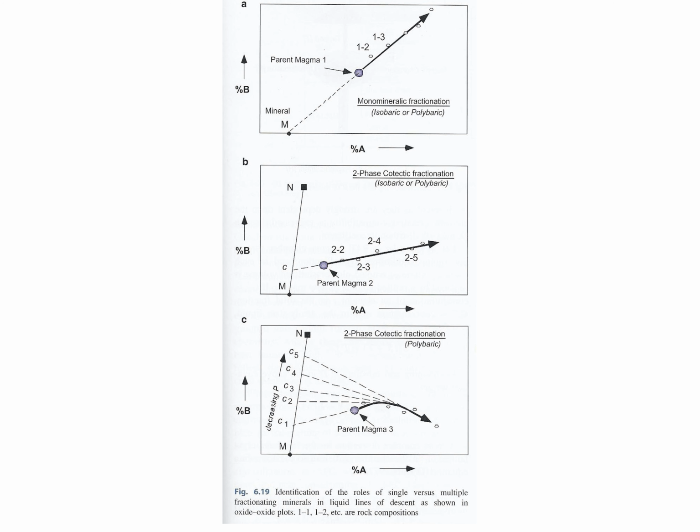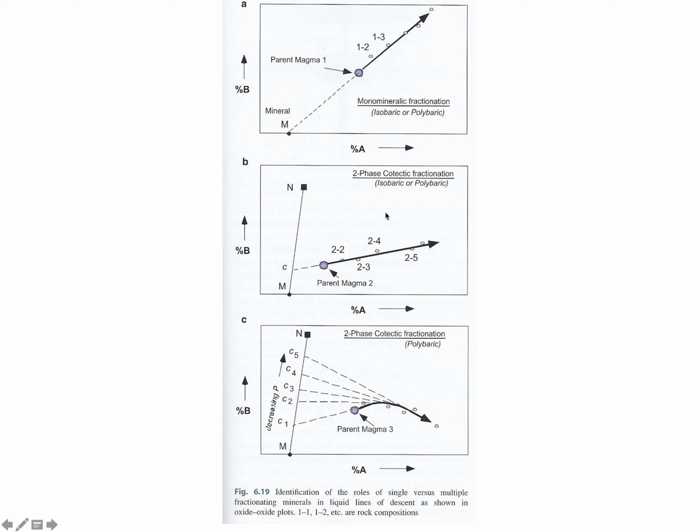Then we are removing one mineral, a monomineralic fraction, meaning we are removing just one mineral out of a melt. That could be an olivine or a pyroxene or a plagioclase. Then we have a straightforward fractionation trend, shown by the arrow in figure A.